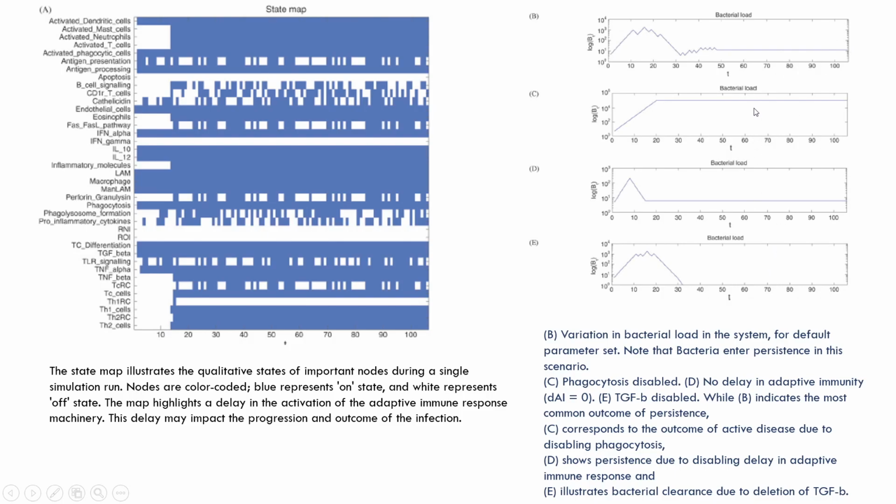This is if you do not have phagocytosis at all, and in D, it's basically if the adaptive immunity kicks in immediately, and E is basically if you delete TGF beta. So what E is telling you is basically a drug target or a treatment strategy. If you delete TGF beta, there is a good chance that the infection will not persist. So these kinds of inferences you can bring out of this model.